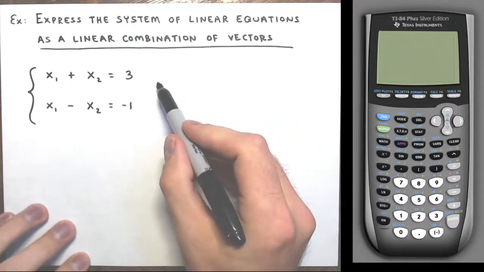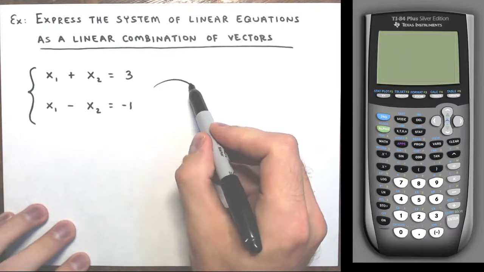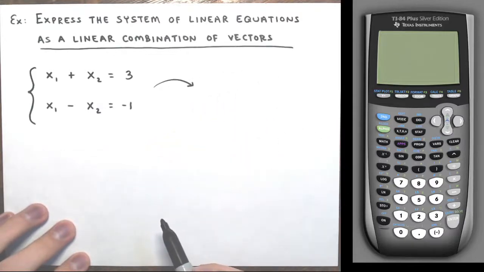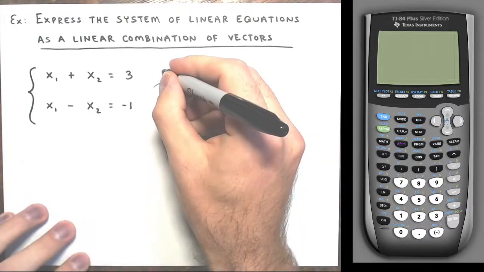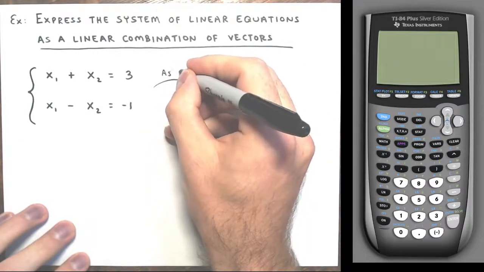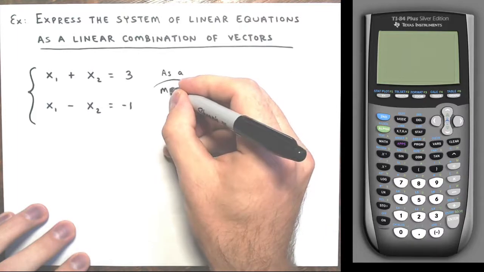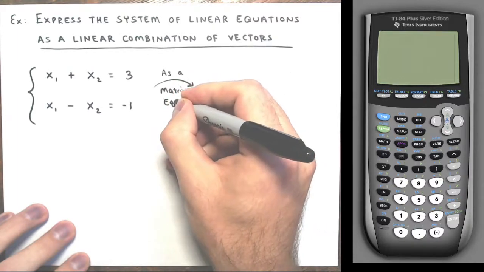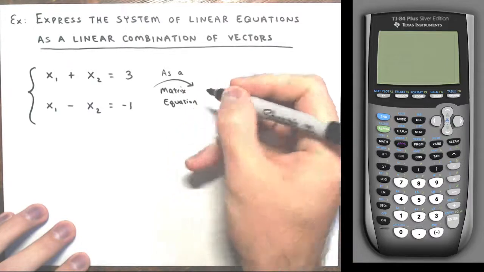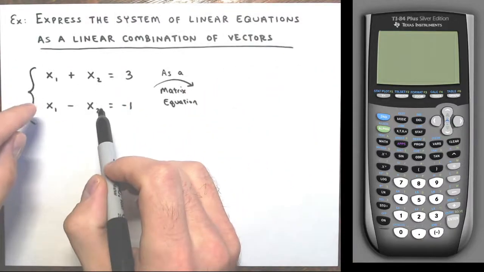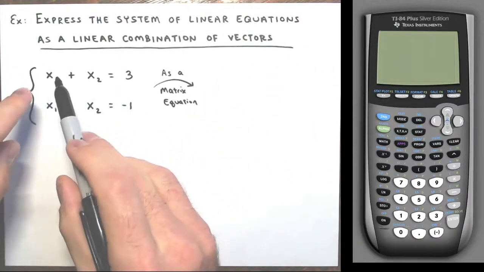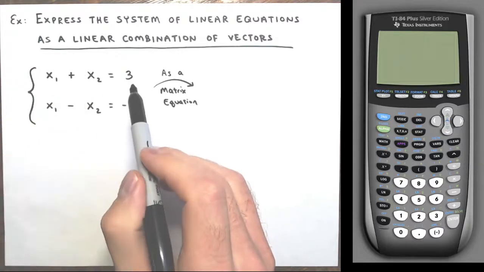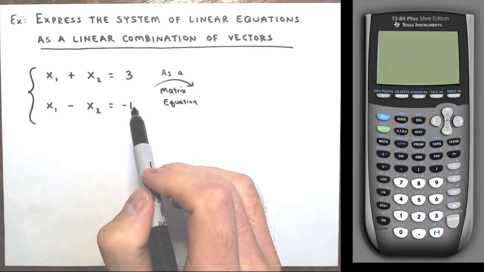Something you're probably familiar with is rewriting a system as a matrix equation, where I think of each side of the equal sign as a 2-row by 1-column matrix.